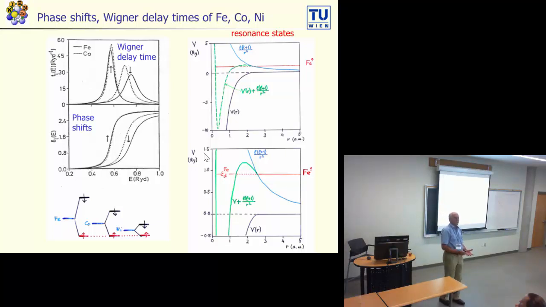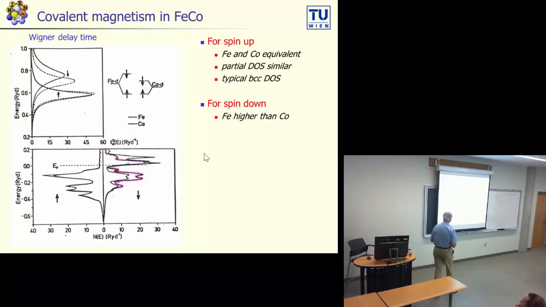And so you need to take that into account. So basically, if you plot the density of states now for iron cobalt, the 50-50 compound, then you see for the spin up electron, it looks identical for iron and cobalt because they have the same energy, the same scattering, no difference. But for the spin down, it is different.